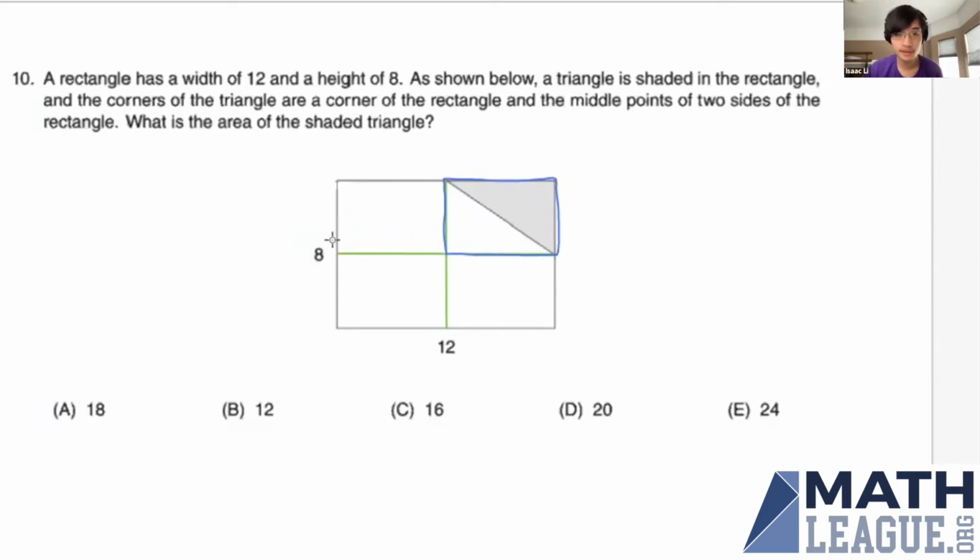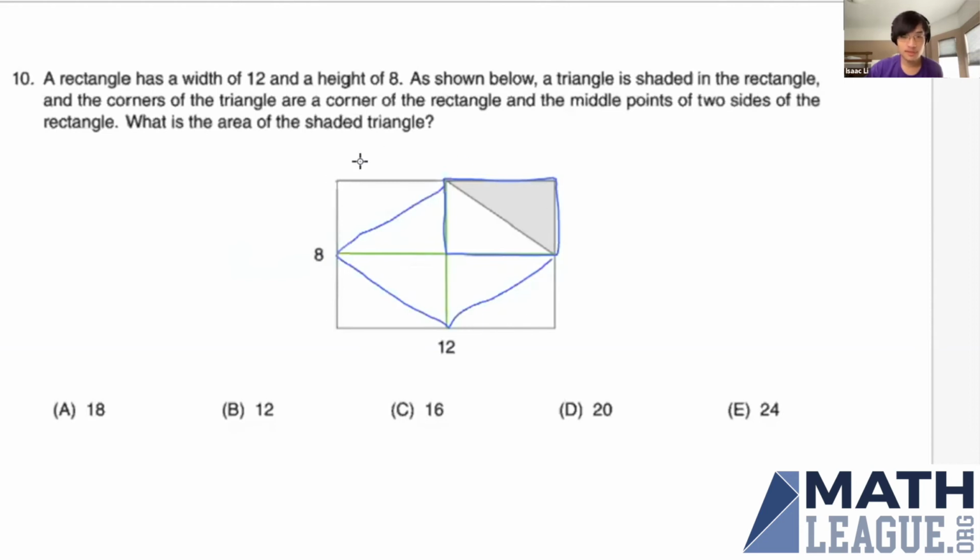So what can we conclude? Well, if we divide these other three rectangles up into triangles, then we get that if we take 8 of these shaded triangles and just fill out the rest of the rectangle, this rectangle has the area of 8 of these triangles.